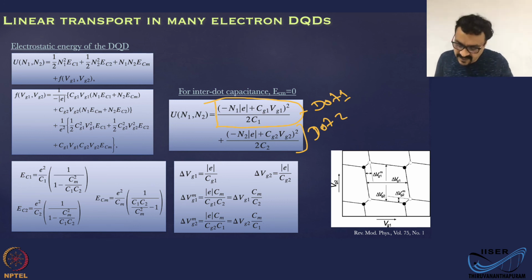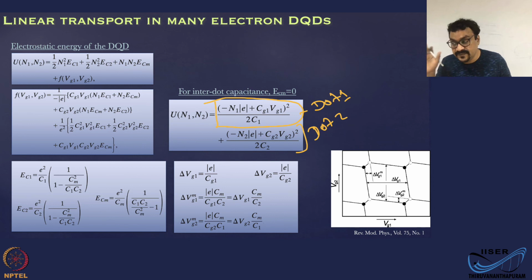And from the honeycomb stability diagram as shown here, you can extract various parameters like delta Vg1 and delta Vg2, which are the periodicity in the horizontal and vertical direction. From that, you can get the gate capacitance, because those are the Coulomb blockade oscillations for that respective dot. So if you vary only Vg1, you are getting a series of peaks.